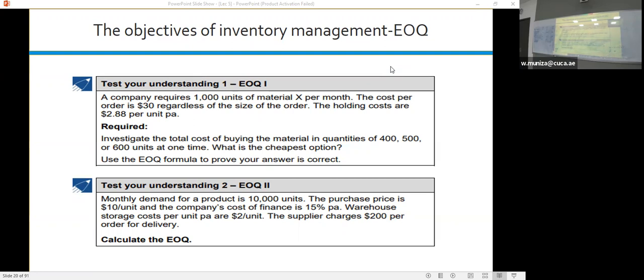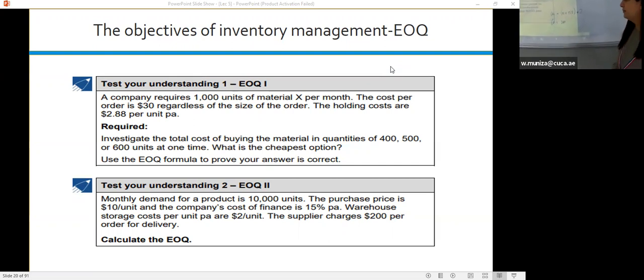What is Ch? 10 multiplied by 15% plus 2 is 3.5. Annual demand is 120,000 units.